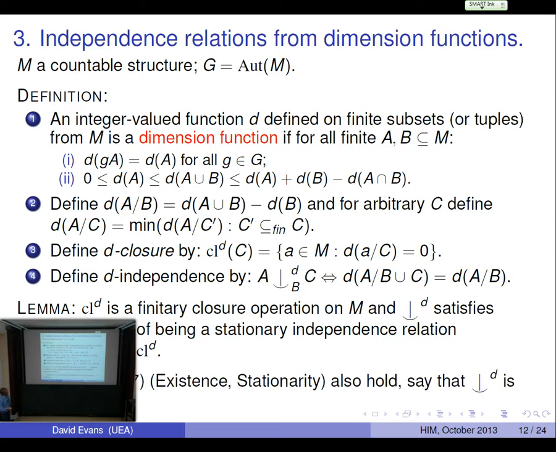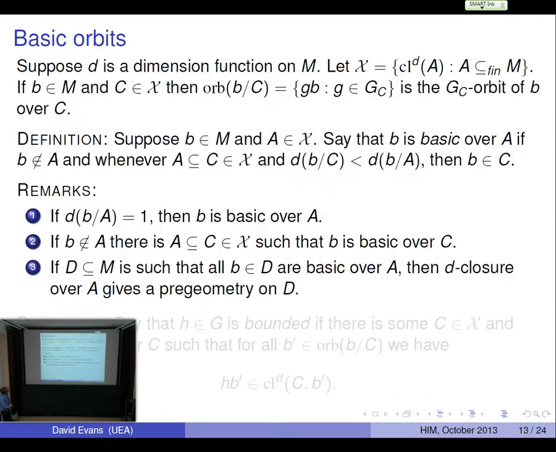And if the remaining conditions were to hold, we'd say that this would be stationary. So if we've got some structure which in a reasonably natural way carries a dimension, then we might have a chance of extracting something useful out of it in this context.